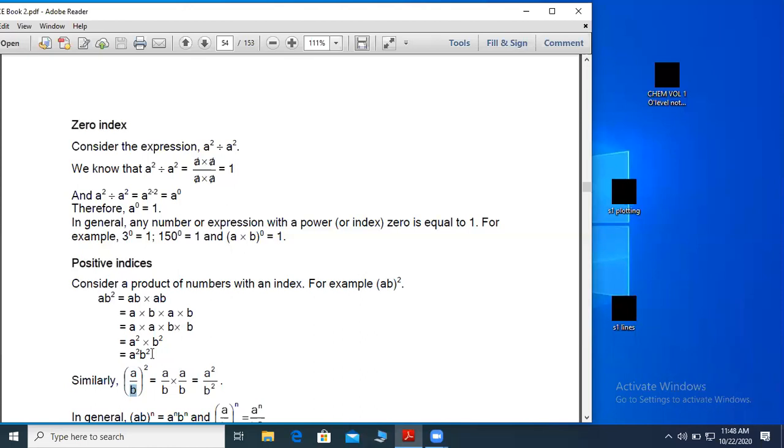So a out of b squared will be the same as a out of b times a out of b, and it gives us a squared, a times a, because when we are multiplying fractions, we multiply the numerators together and the denominators together. So this is the same as a times a, which is a squared, then b times b, which is b squared.